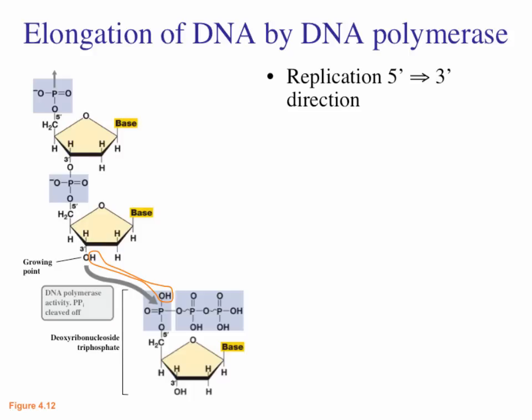And that's going to be important because it gives us an indication of the mechanics of replicating a molecule that has two antisense strands. One strand is going to be replicated sequentially. That's the leading strand. And the other one is going to be interrupted into small pieces, and that's going to be the lagging strand.